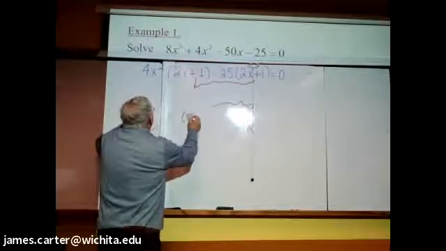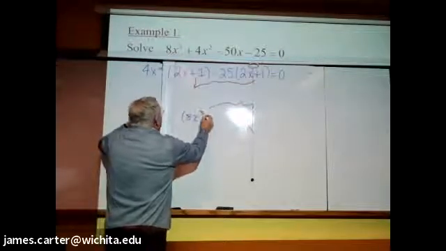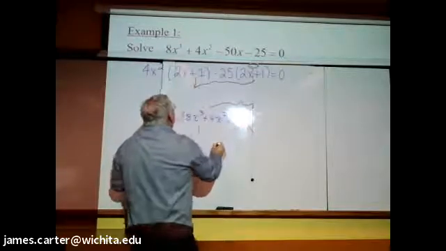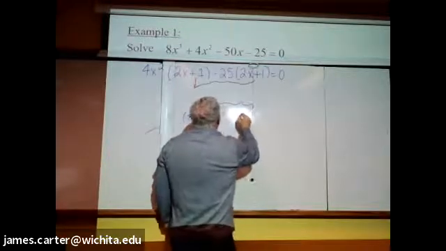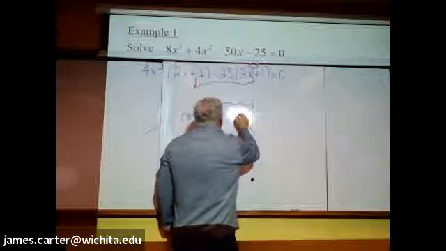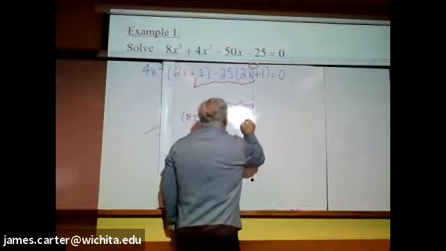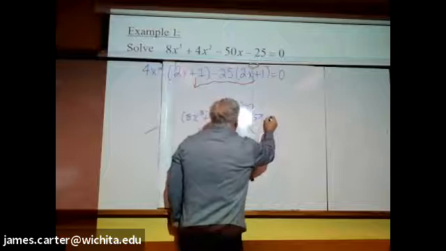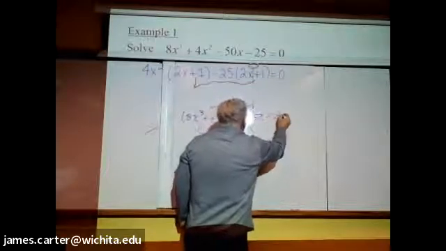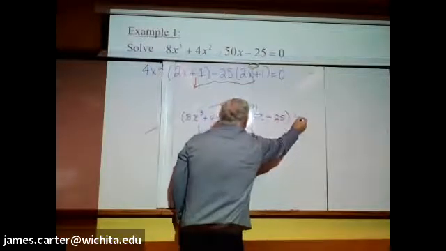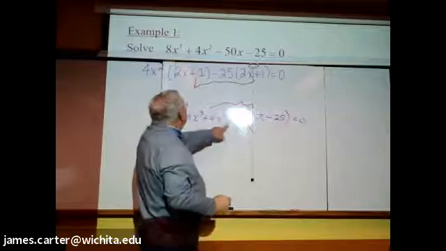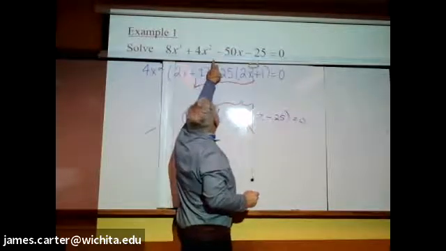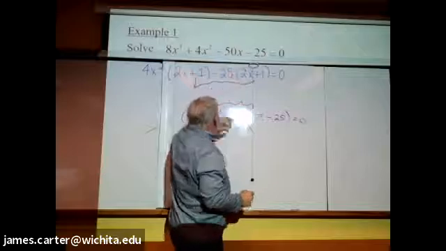should have been 8x cubed plus 4x squared plus negative 50x minus 25 equals 0. Now, I had to put a plus in front of this so I didn't have to undo those.